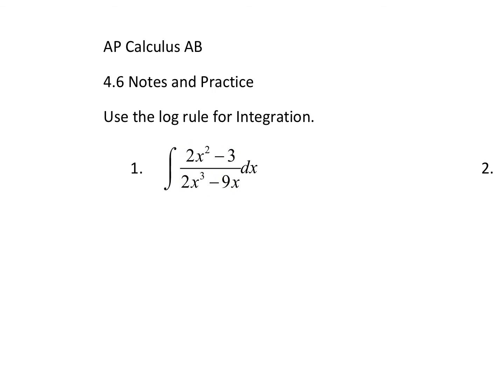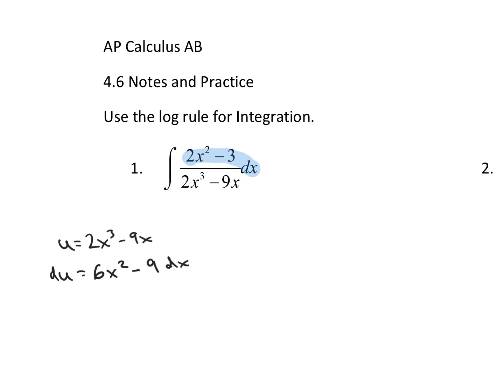If we set this up as u equals 2x cubed minus 9x, then we would have du equals, we're just doing a u substitution, 6x squared minus 9 dx.